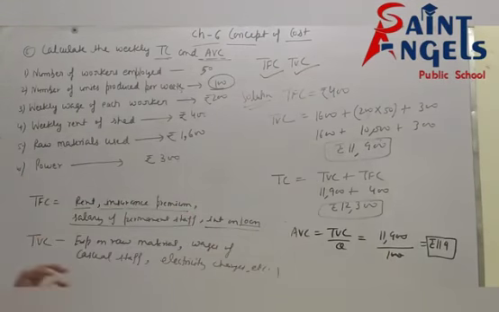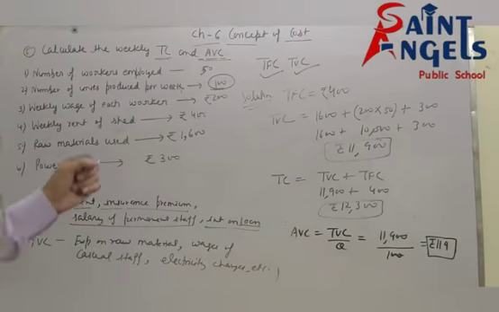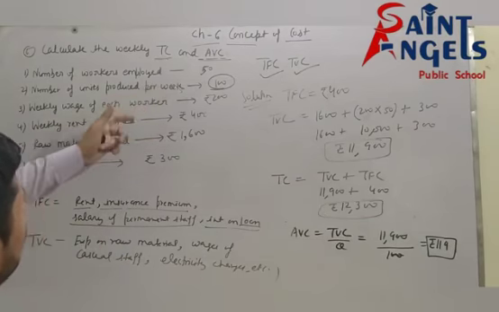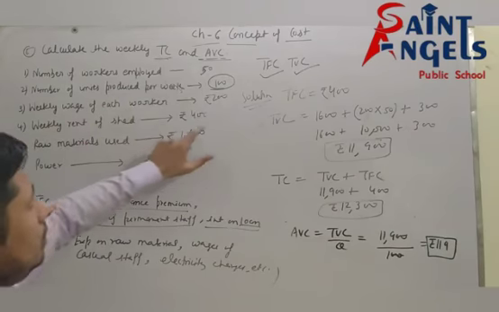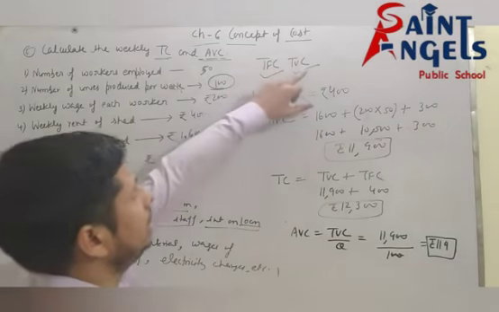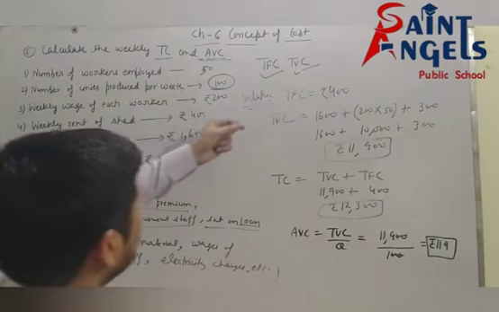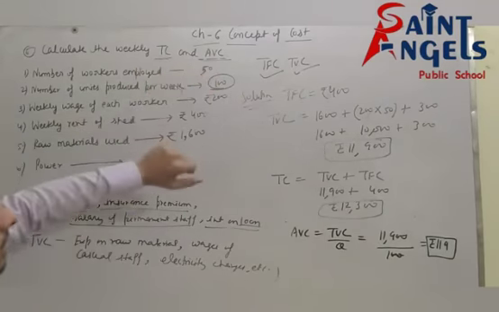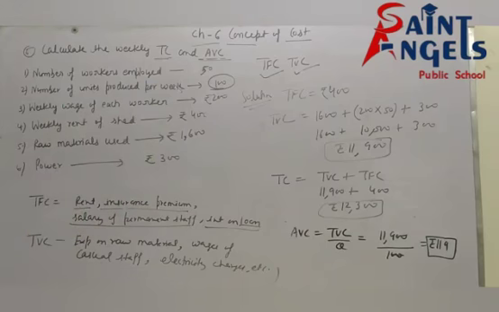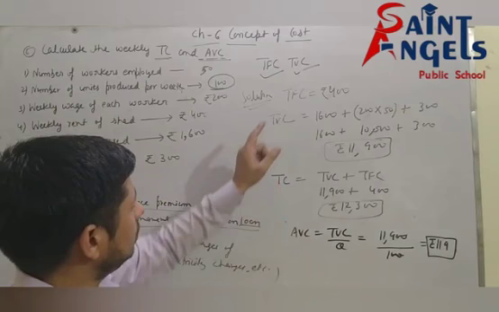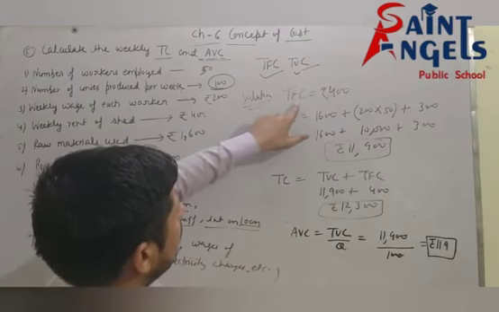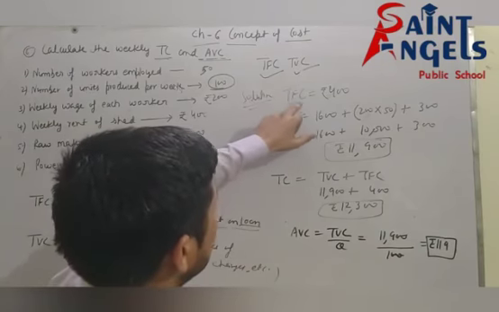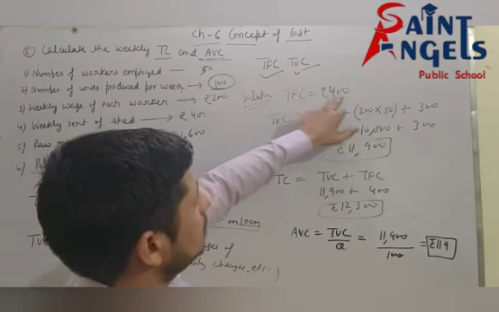So I hope all of you have understood how will you solve this type of question. First of all, you will calculate TFC and TVC. Then you can find any type of cost, means TC, AVC, AC, AFC. Now first of all we will calculate total fixed cost.